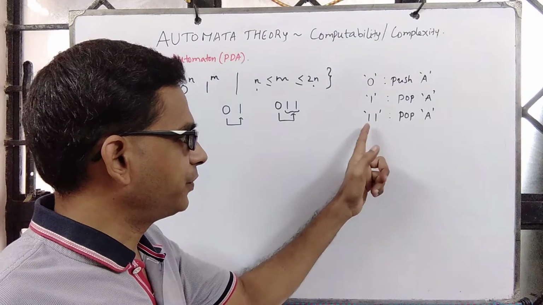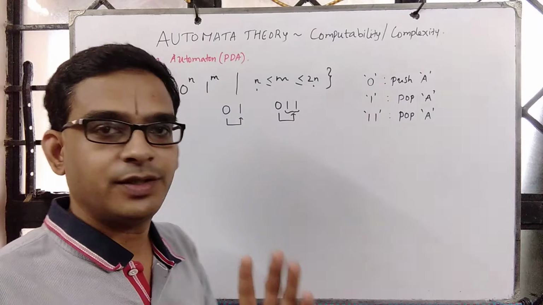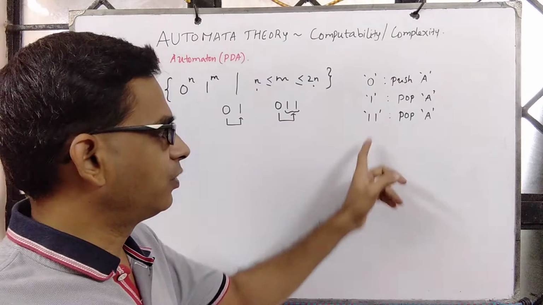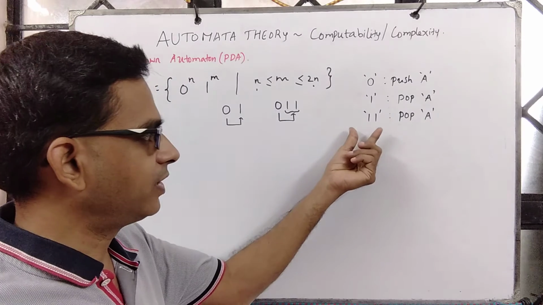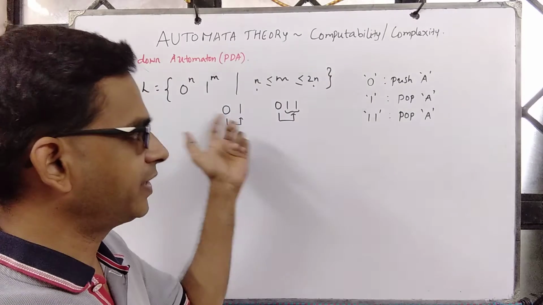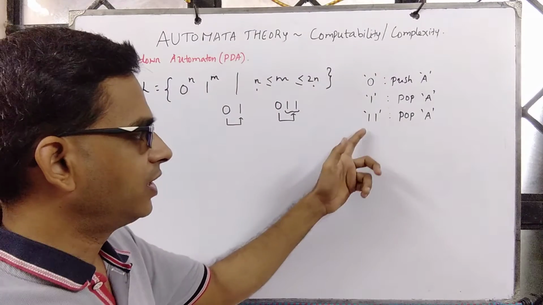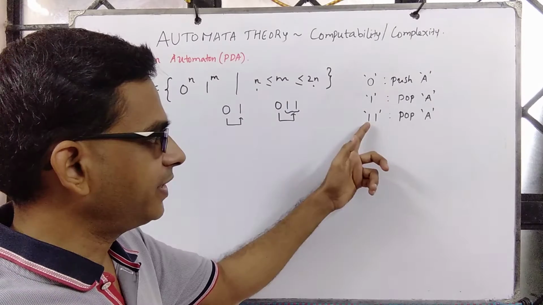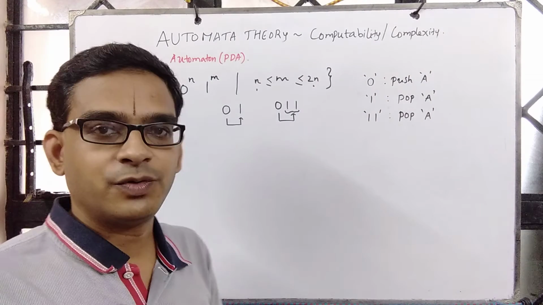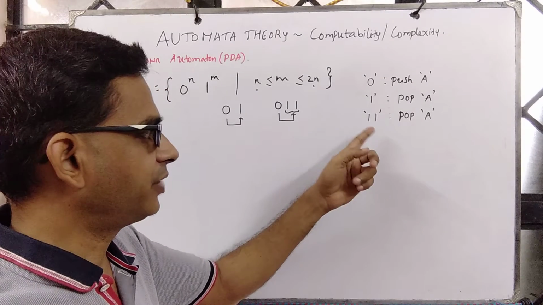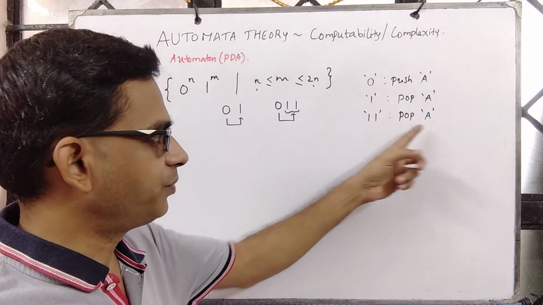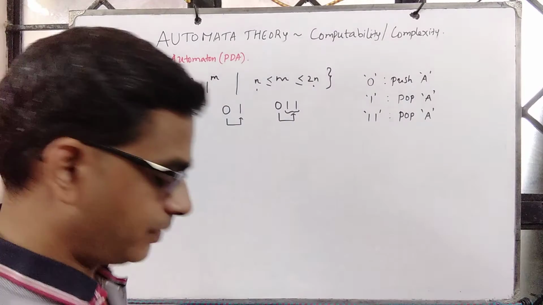So when you read the first 1, you do nothing. Then go to the next 1. When you read the second 1, because a finite automaton, and in particular a push down automaton, can only read one symbol at a time, a machine cannot read 2 symbols at a time. Although I say for 2 ones you pop 1A out, what does that mean?